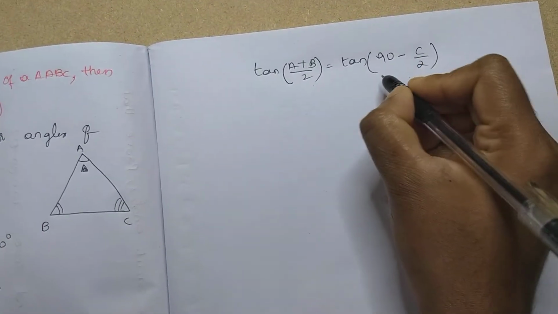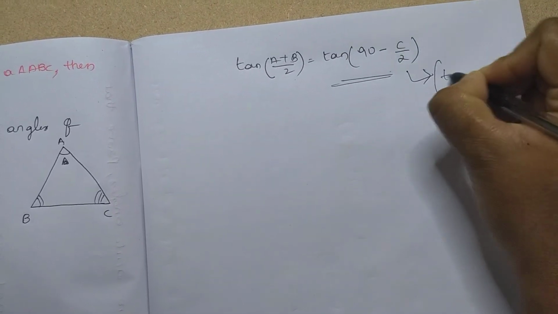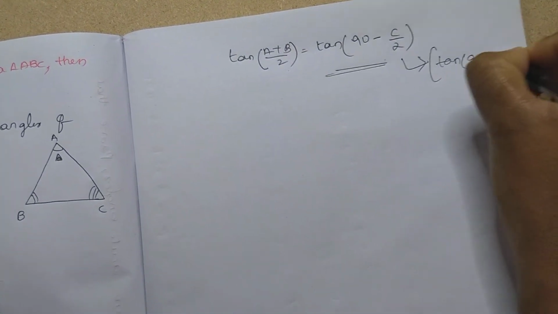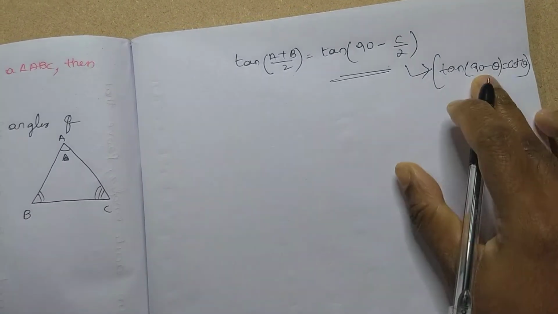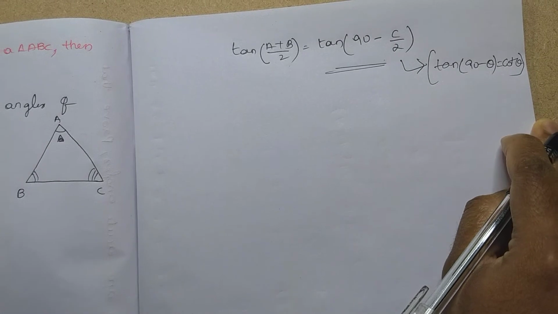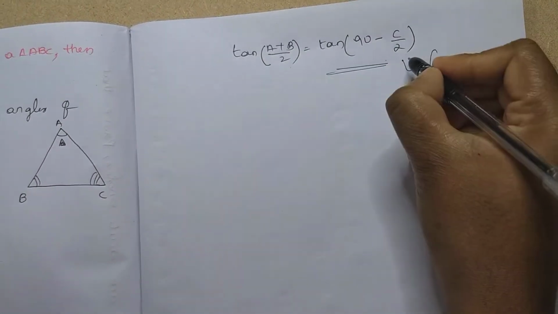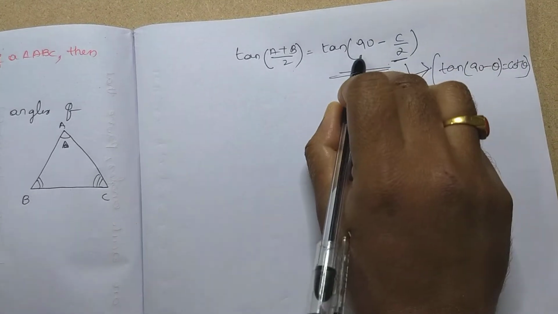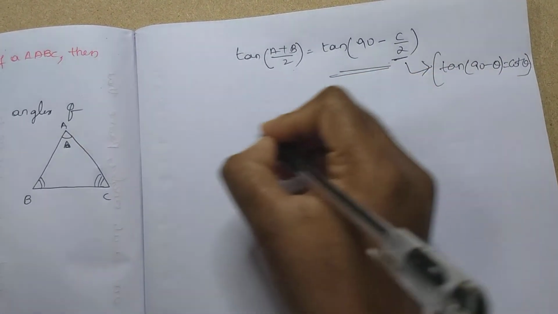This is in terms of tan of (90 minus theta), which can be written as cot theta. This we have learnt from the concept of trigonometric ratios of complementary angles. When you assume this C by 2 as theta, tan of (90 minus theta) can be written as cot theta.